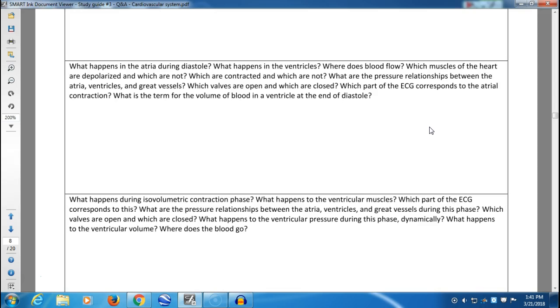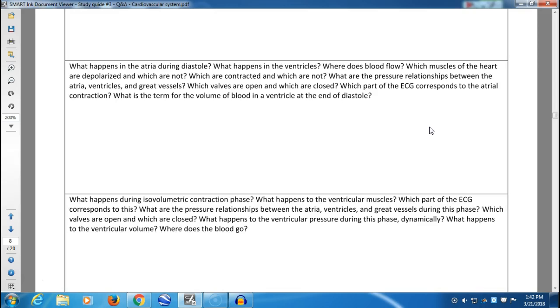The ventricular contraction corresponds, roughly, to what part of ECG? QRS. Yeah, it's basically QRS. Okay? So blood goes into the aorta. At this point, during the ventricular ejection, pressure in the ventricle, highest, lowest, in the middle?